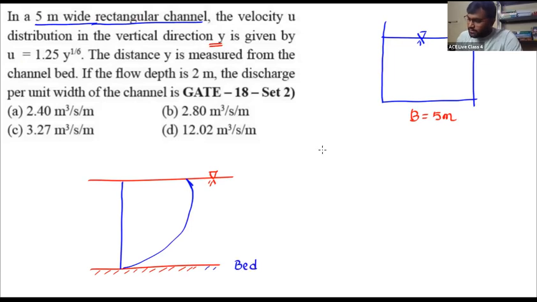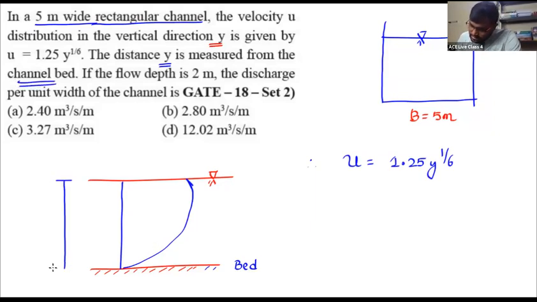Yes. So what is the velocity distribution I mentioned to you? 1.25 into y to the power of 1 by 6. Okay. And the distance y is measured from the channel bed. Keep that in your mind. See, this distance y is measured from the bed level.